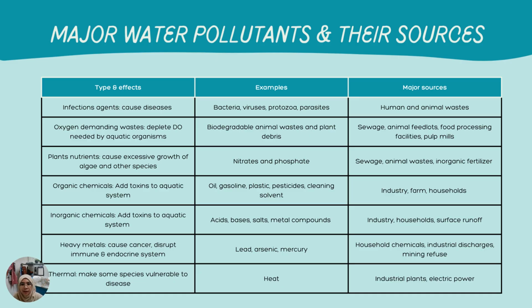Whereas organic and inorganic chemicals in water are very toxic to the aquatic system. Heavy metals such as arsenic, mercury, and lead can cause cancer and disrupt the immune and endocrine system. And lastly, thermal pollution from industry and electric power plants can cause heat in water and make species vulnerable to disease.